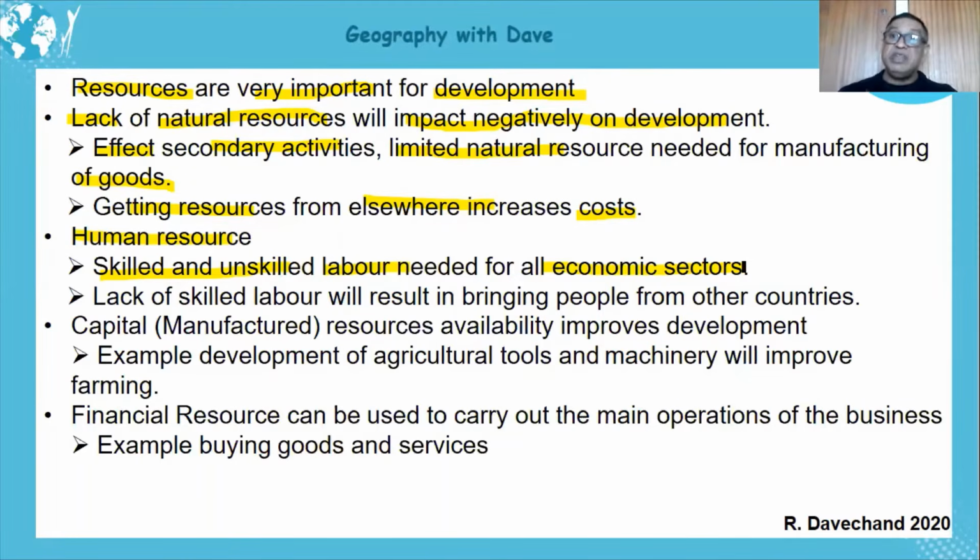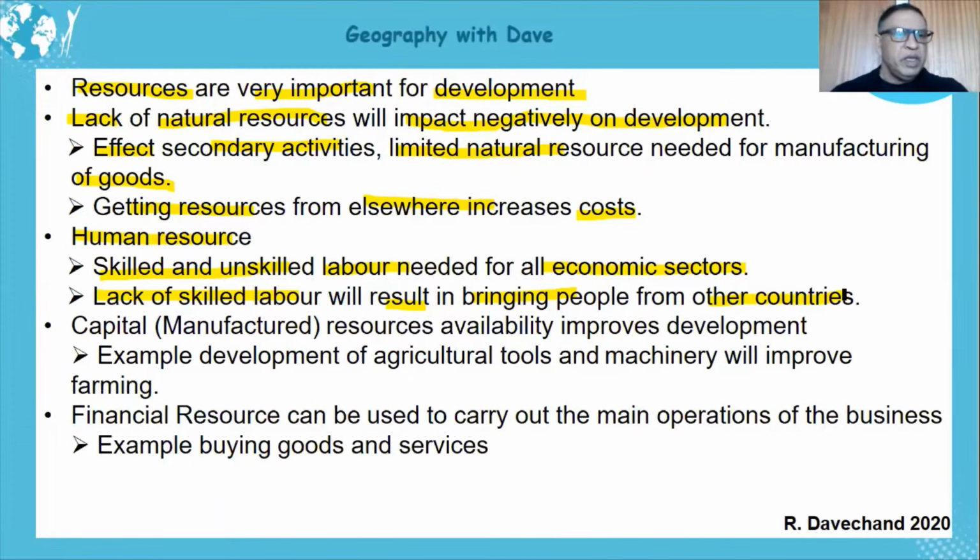You understand? You need people designing programs, whatever. All right? And this can be a problem also. Lack of skilled labor will result in bringing people from other countries. They are more expensive. Another thing is that we're not developing our people, so it's going to affect our development.